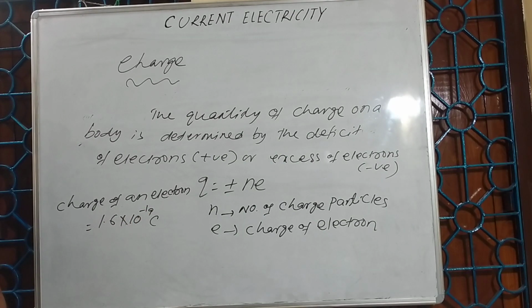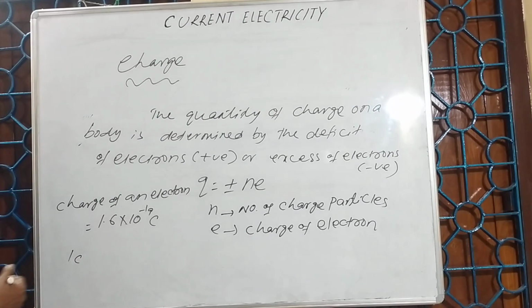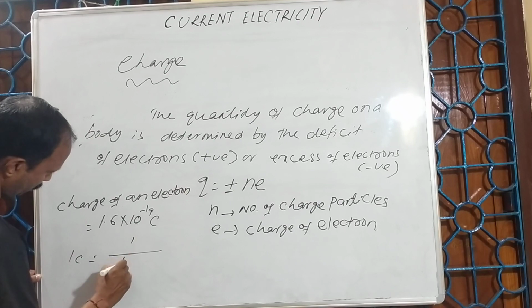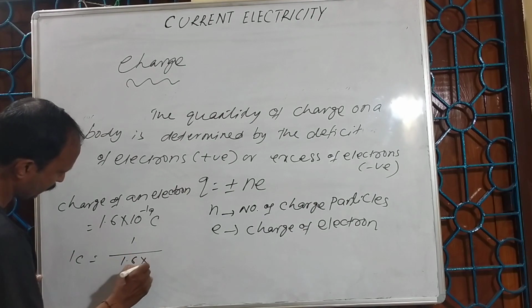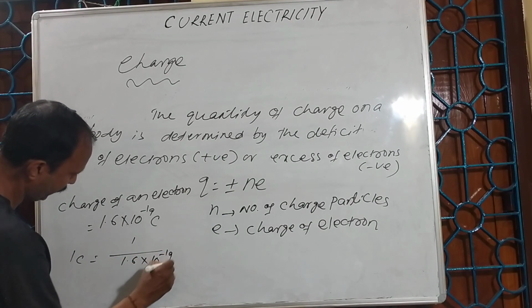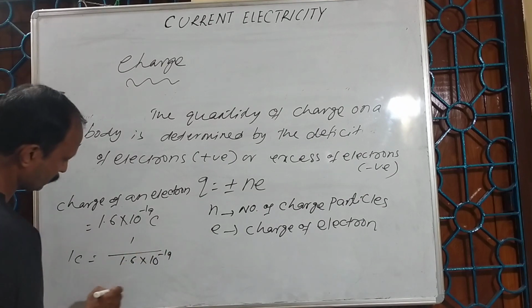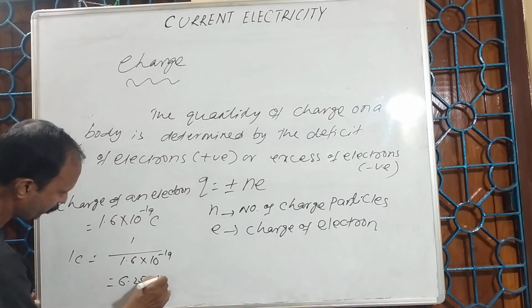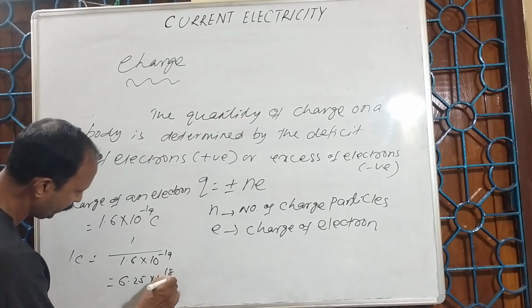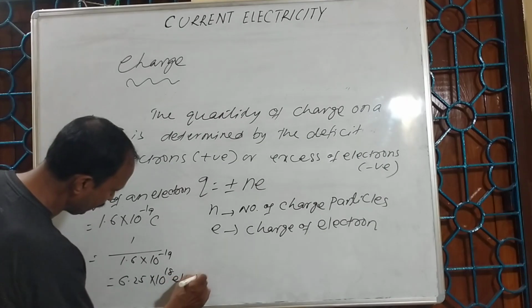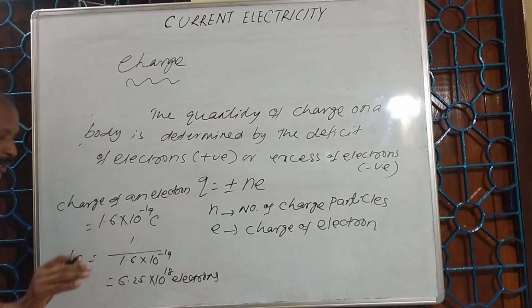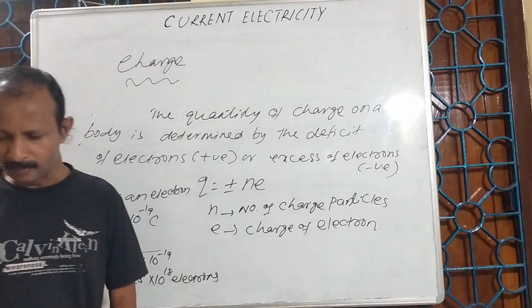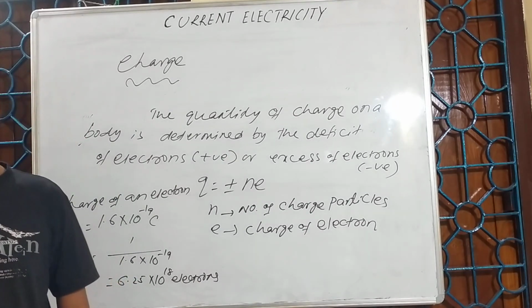That means 1 coulomb of charge contains 1 by 1.6 into 10 to the power minus 19 electrons, or you can say that 6.25 into 10 to the power 18 electrons are present in 1 coulomb of charge.